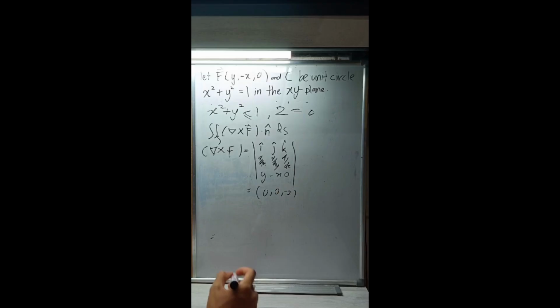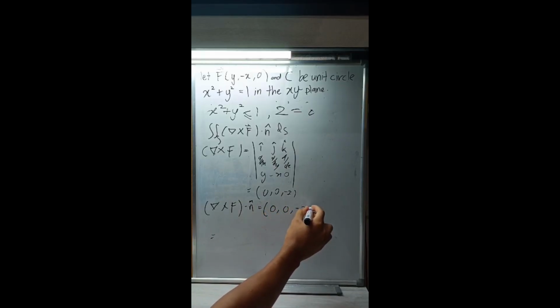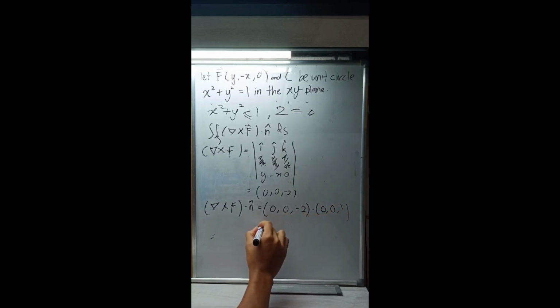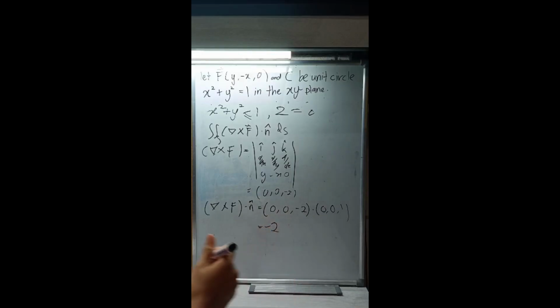So we're going to do the dot product with the normal: 0, 0, -2 dotted with 0, 0, 1 gives -2.